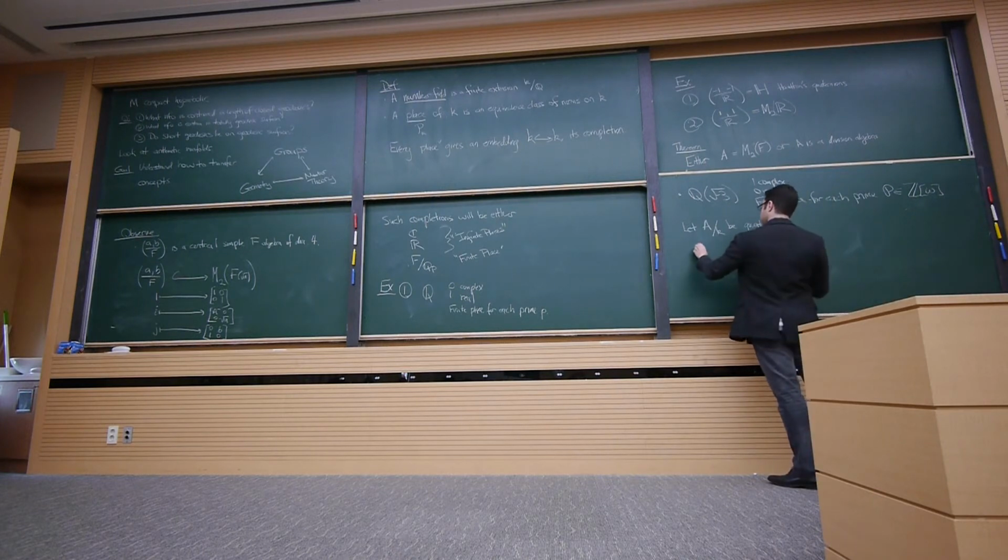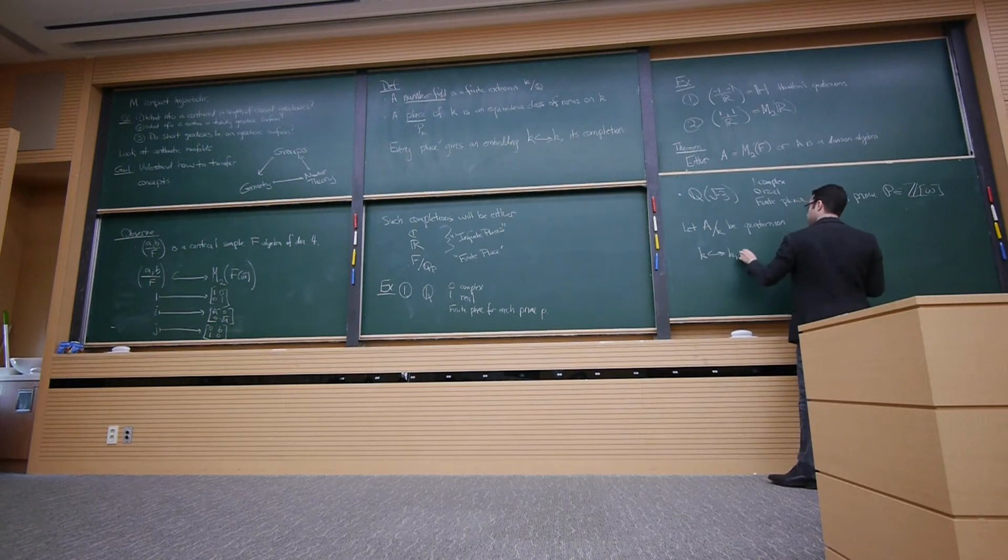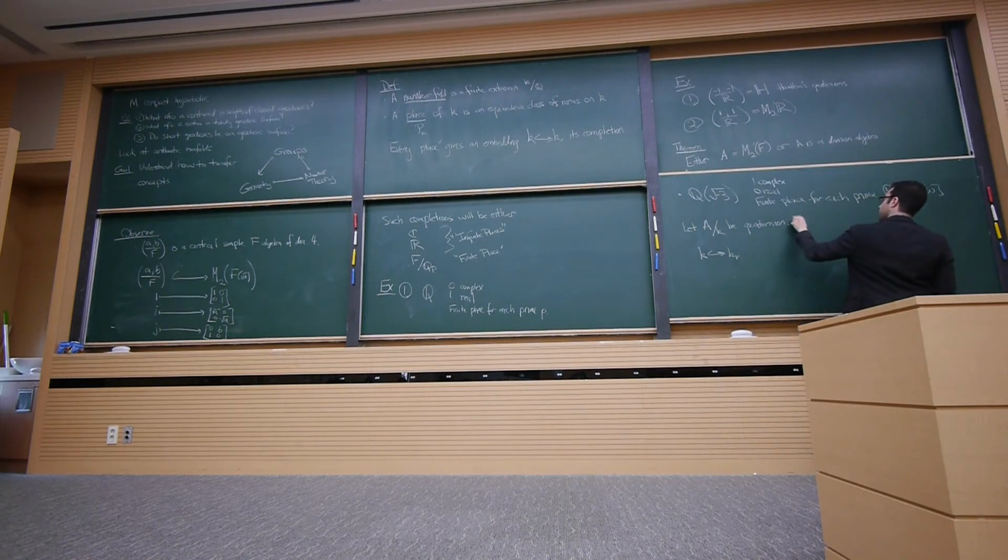So for each place, this gives you A goes into A tensor K_v.